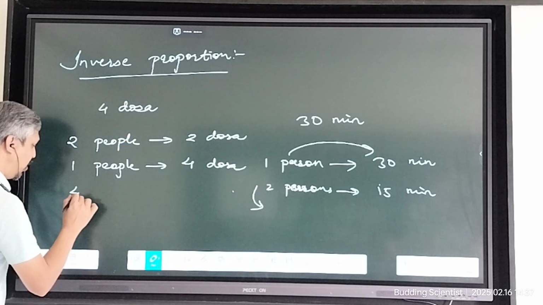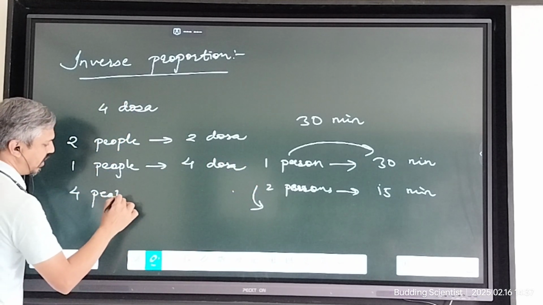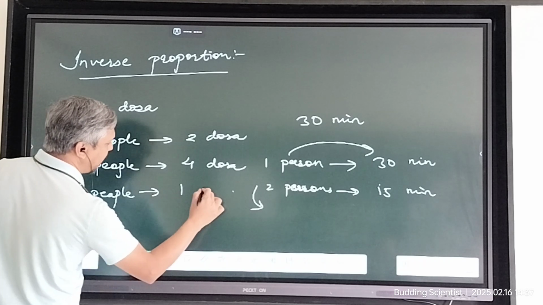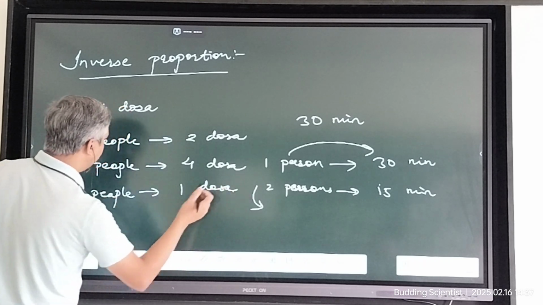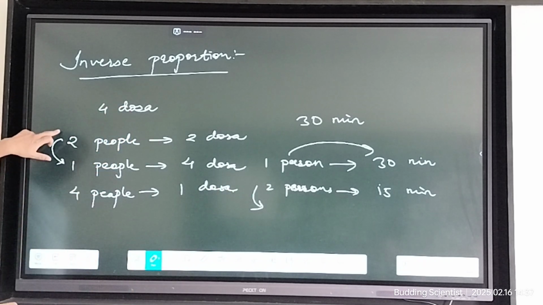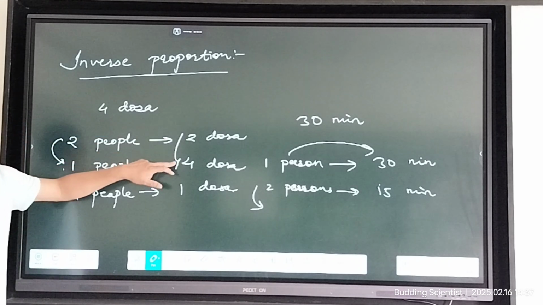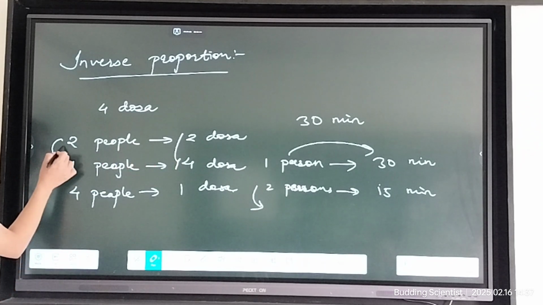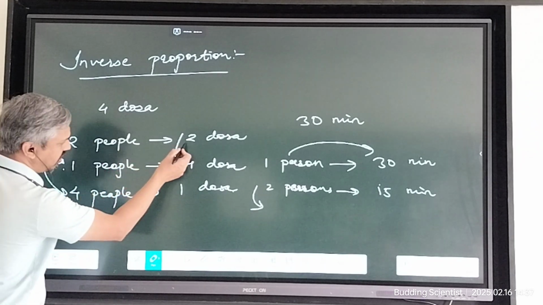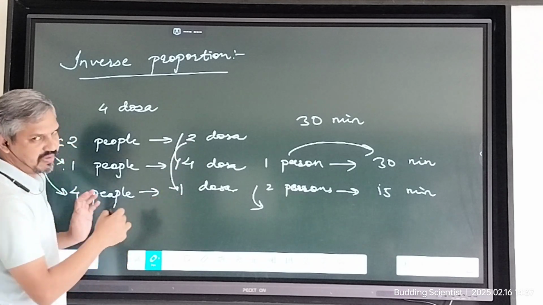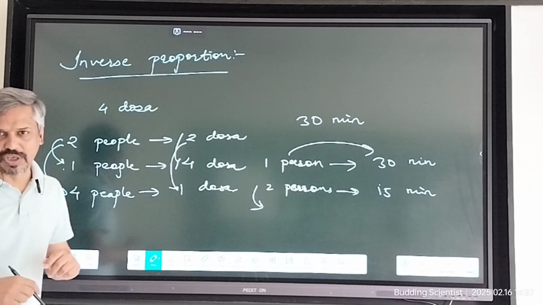And if there are 4 people to eat those dosas, then everybody will get 1 dosa each. Here, when the number of people was half, the number of dosas available was doubled. When the number of people was doubled, the number of dosas was half. This is what is called inverse proportion.